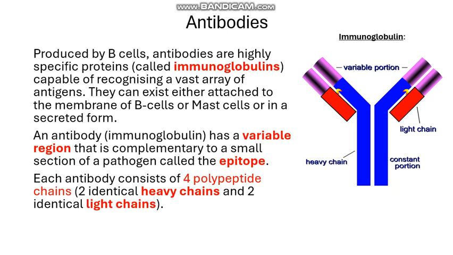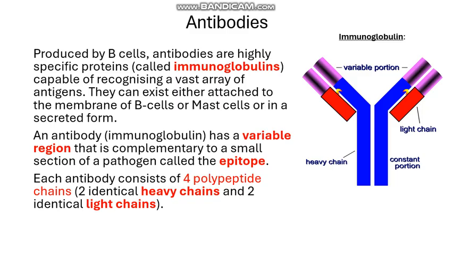If you look at the image on the right, you can see the parts at the tip of the Y shape of the immunoglobulin molecule that are coloured purpley pink. They're called the variable regions. The tips of these variable regions are called the antigen binding site.